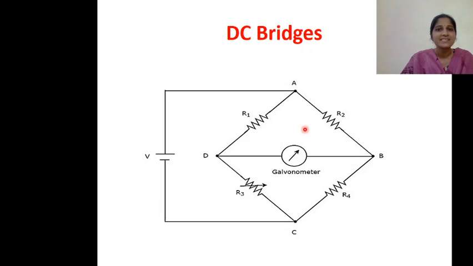While using DC bridges you will be using only the resistors, and while coming to the AC bridges you will be using the impedances. You need to consider the impedances, you should not say only resistor. So in the DC bridge there will be DC supply, and the galvanometer is used to denote the balance of the bridge.